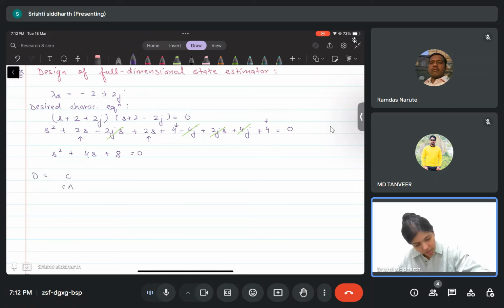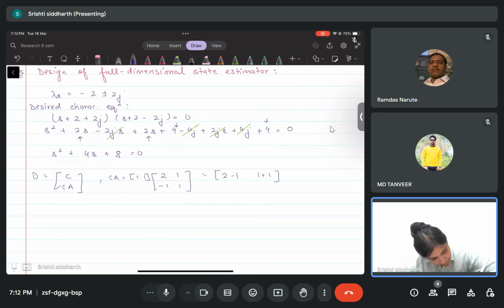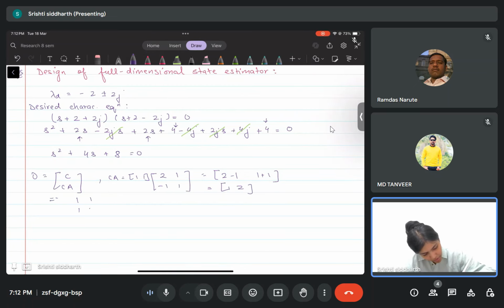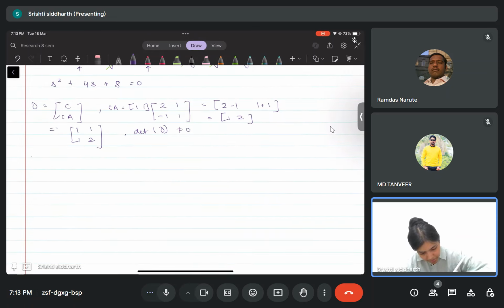This is C, this is CA, which is 2, 1, minus 1, 1, and therefore we get 1, 1, 1, 2. So the determinant is non-zero. Therefore the pair CA is observable.